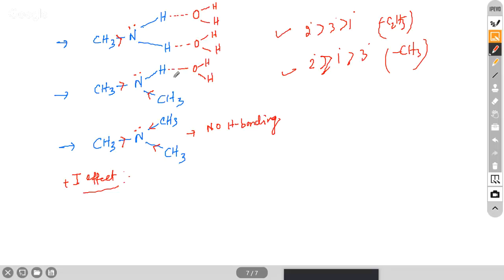There will be steric hindrance, and hence the stability due to plus I effect predominates over the stability due to hydrogen bonding.